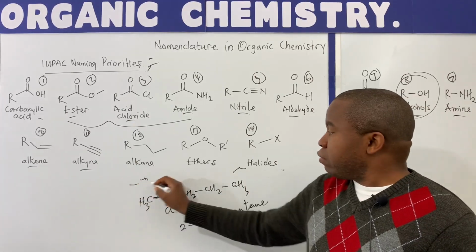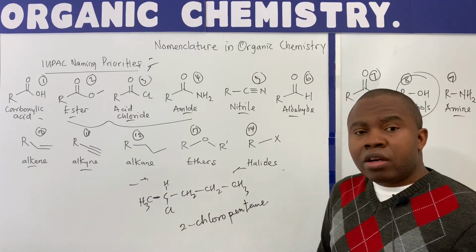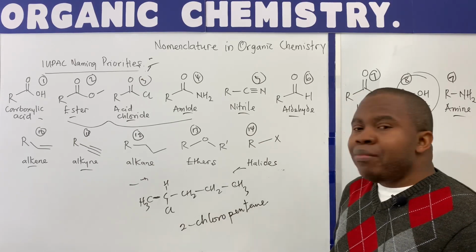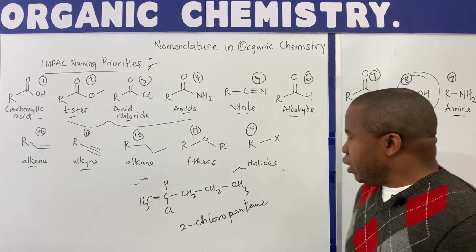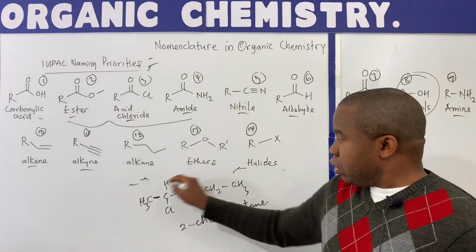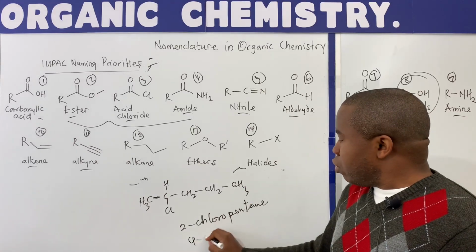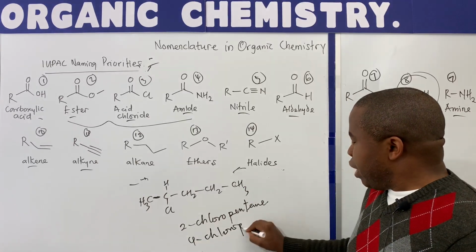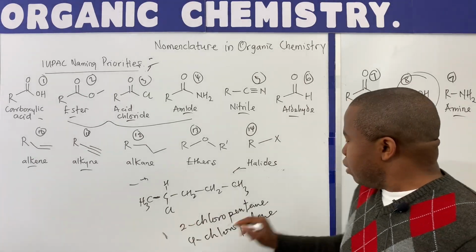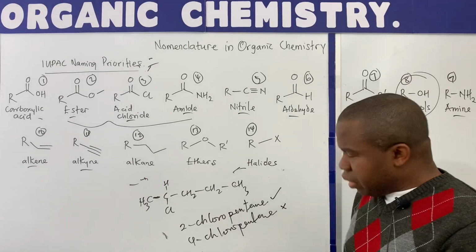But if you count it from here, it's going to put the chloro group on the 2nd carbon. In the IUPAC convention, you have to consider the lowest possible number in naming your organic molecule. And so this becomes 2-chloropentane if you go this way, and that is the right way. But if you go this way, it's going to be 4-chloropentane. And we say this is right and this is wrong. And so that's how you name something like that.